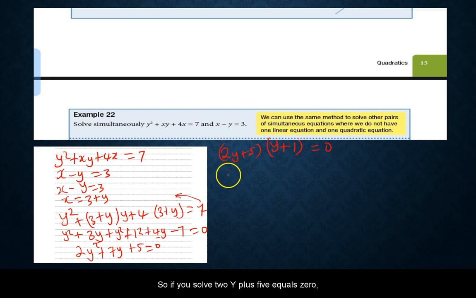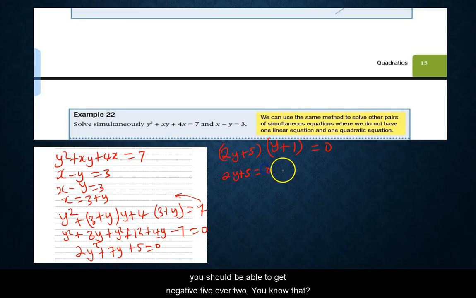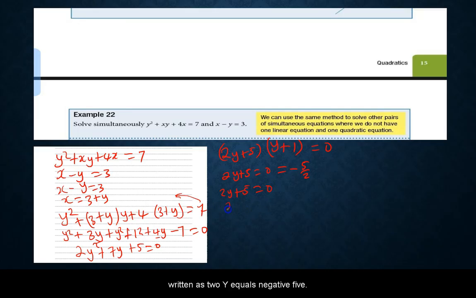So if you solve 2y plus 5 equals 0, you should be able to get negative 5 over 2. You know that because 2y plus 5 equals 0 can be written as 2y equals negative 5, divide both sides by 2.